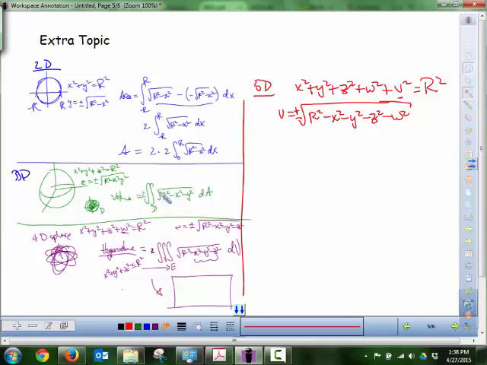So here's your thing that you're going to want to put in an integral, and you're going to want to integrate this with respect to x and y and z and w. So now, instead of a triple integral, you're going to have one more integral. 2, 3, 4.